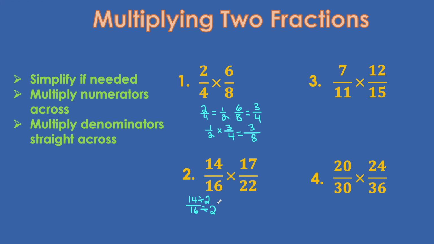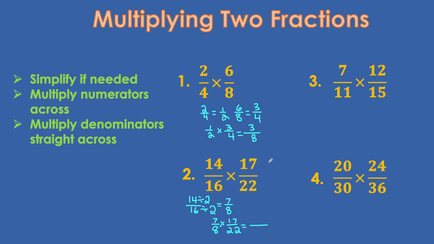So you divide top and bottom by 2. 14 divided by 2 is 7. 16 divided by 2 is 8. Then we have 7/8 times 17/22. Now we just multiply across.